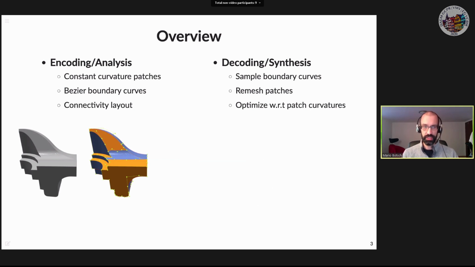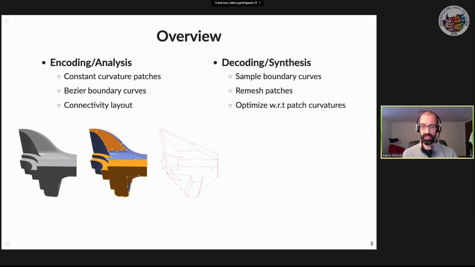We then extract the boundaries in between patches, the boundary curves, which we represent by Bézier curves. And then we take the connectivity of this patch layout to an aggressive decimation to get this minimal connectivity graph. This will then be the representation that we store or manipulate.